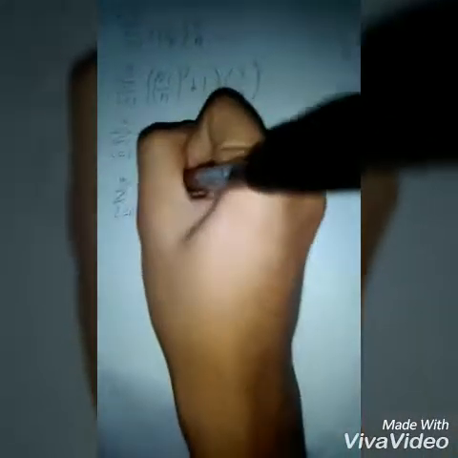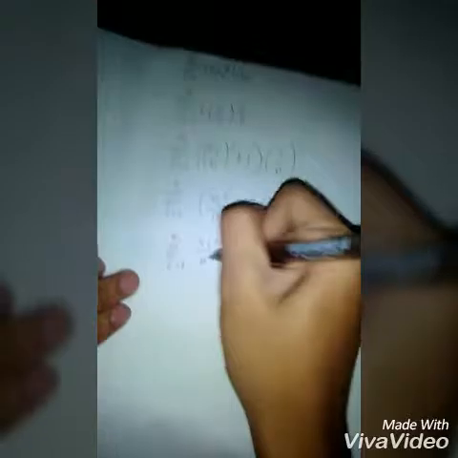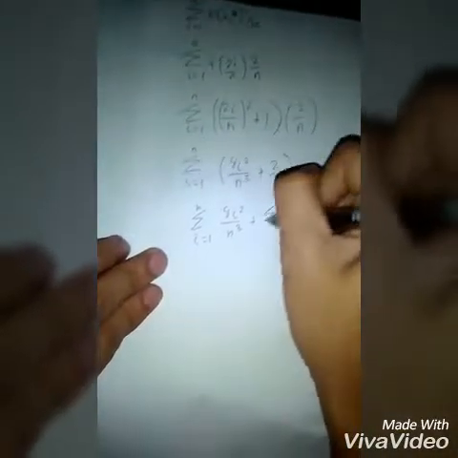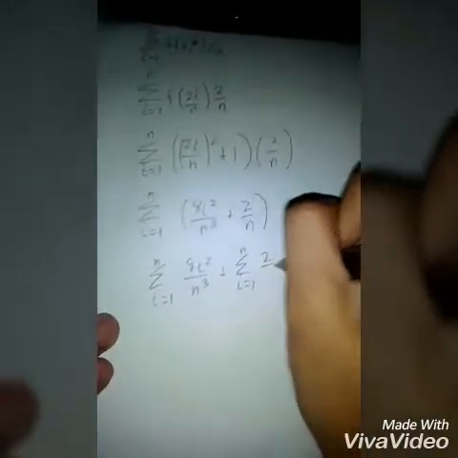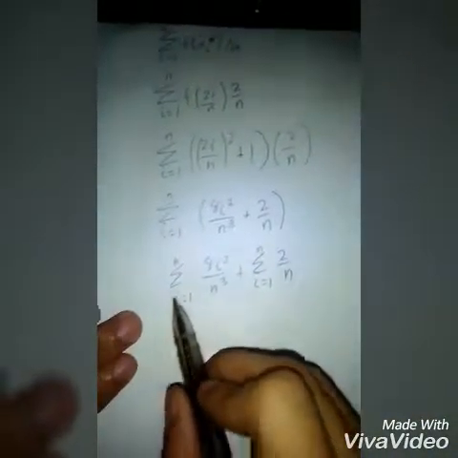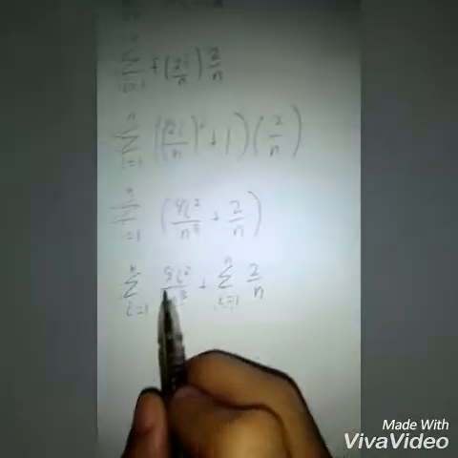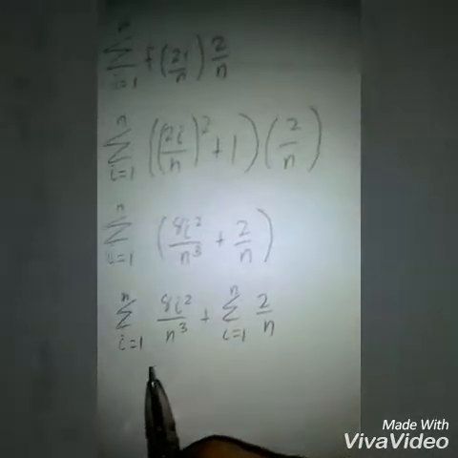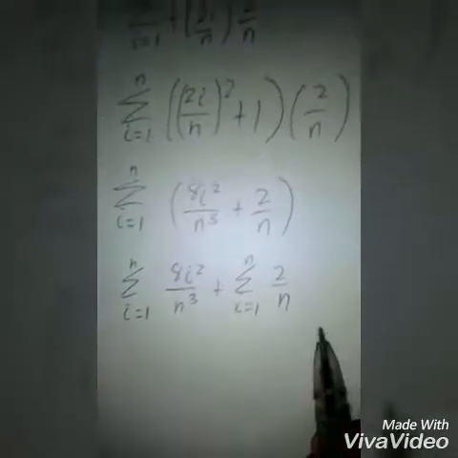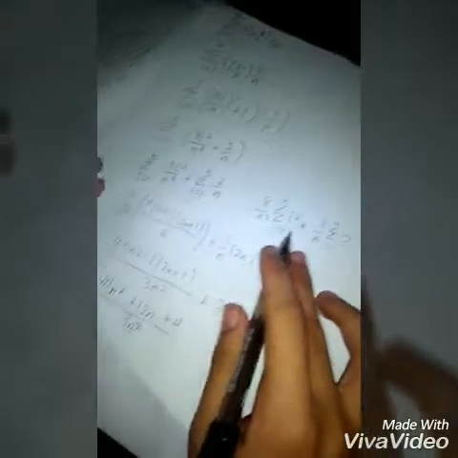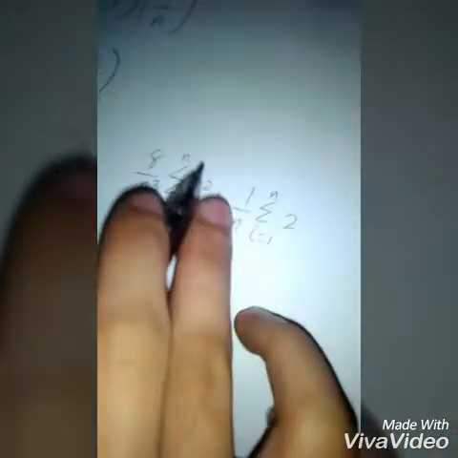We're going to get the summation from 1 to n of 8i squared over n cubed plus the summation from 1 to n of 2 over n, which is the result when we pull out the constants. All we have to do is evaluate these summations.